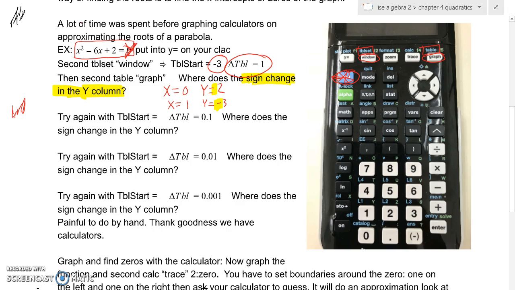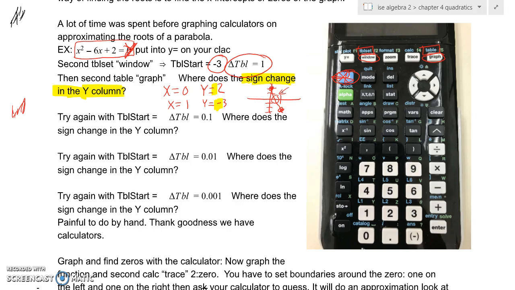And so we know in our graph then, since our x is 0 and our y is 2, and our x is 1 and our y is -3, that to get from y equals 2 to y equals -3, we have to cross the x-axis. That's the point that we're approximating. Right now, we know it's in between 2 and -3. So maybe we guess it's 2.5, but we can do better than this.